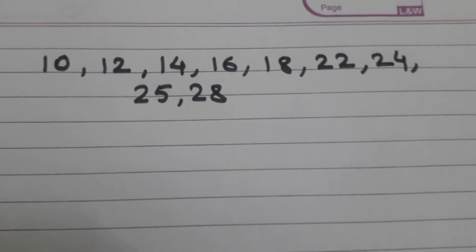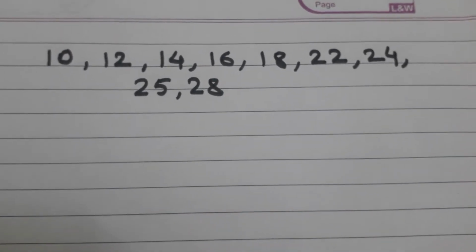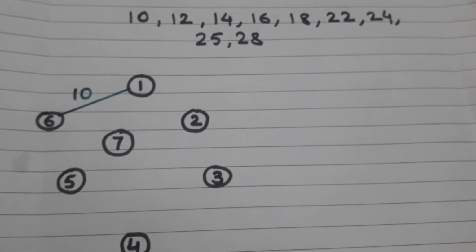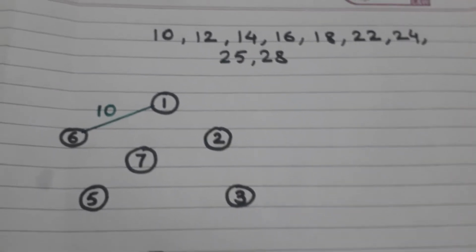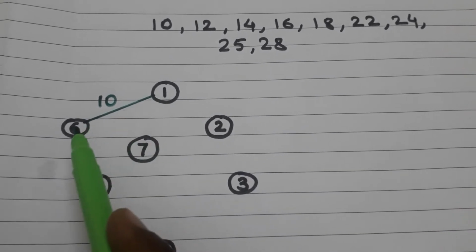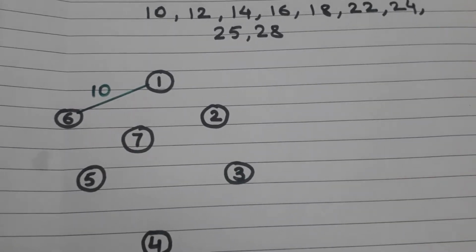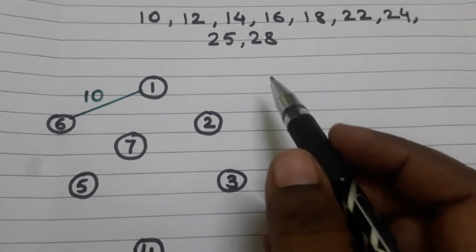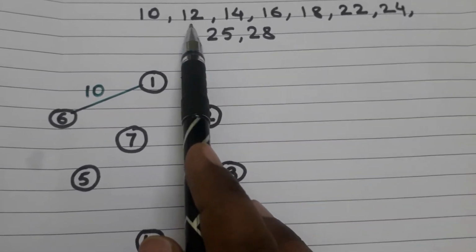Now we will start with our second step. The minimum value is 10, so we add that edge into this minimum cost spanning tree. After adding that edge, we will just delete it, or make a cross for it. Then after that we have to add the next edge, 12.